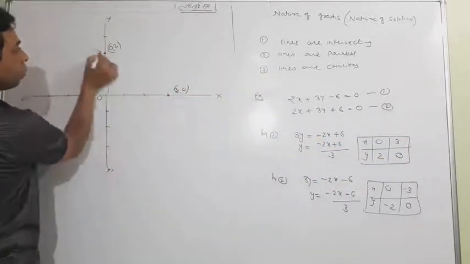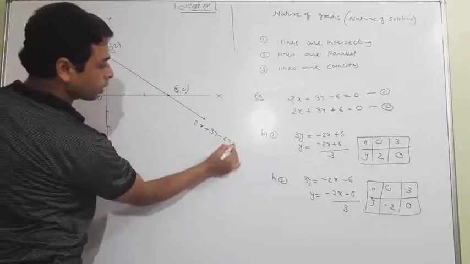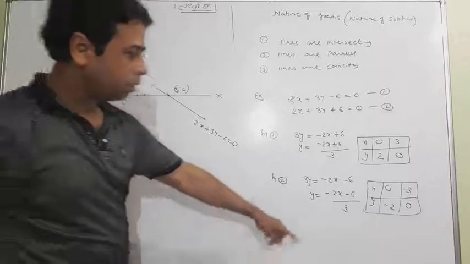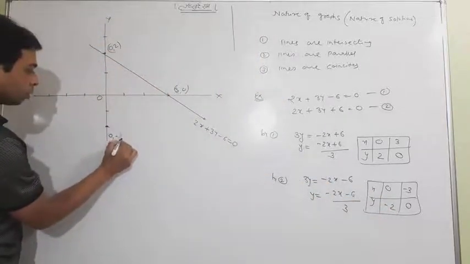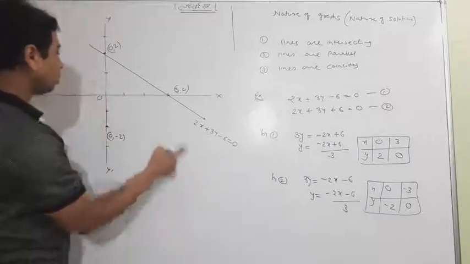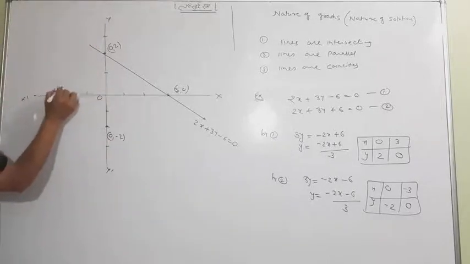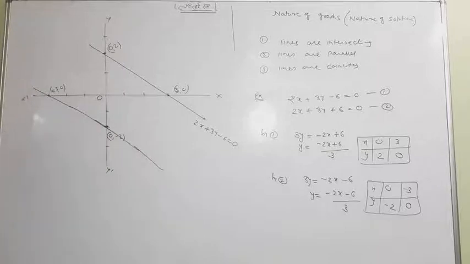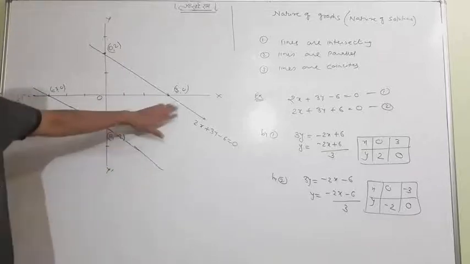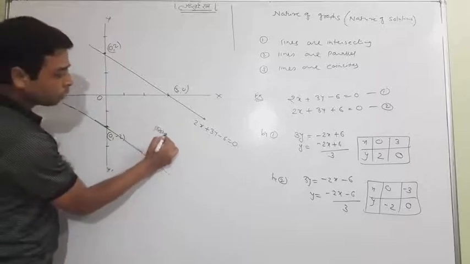And definitely we would have a line which is 2x plus 3y minus 6 is equal to 0. What about the second? 0 and minus 2 is here, and minus 3 and 0 is here. When you draw the graph, you would have this type of line. It's a freehand picture, but we see that both lines seem what? They are parallel.